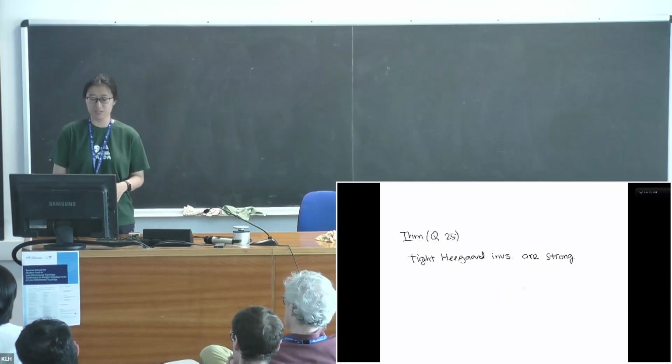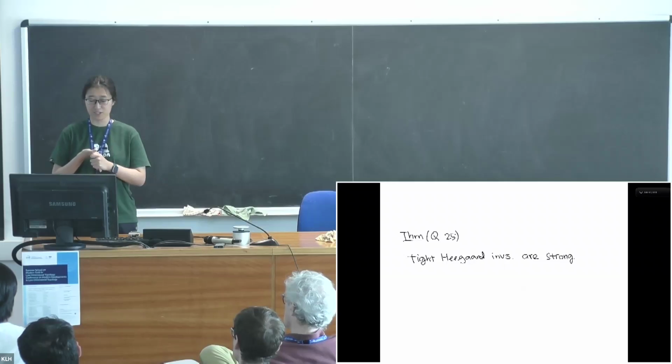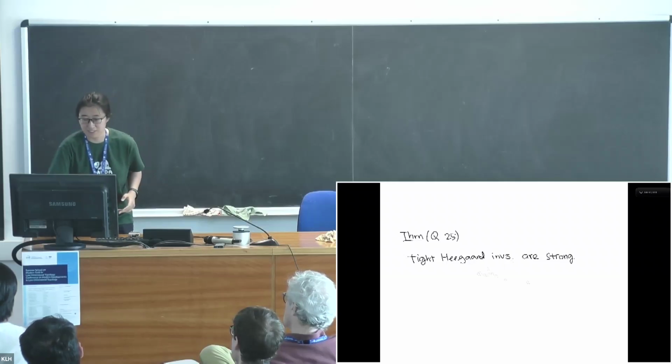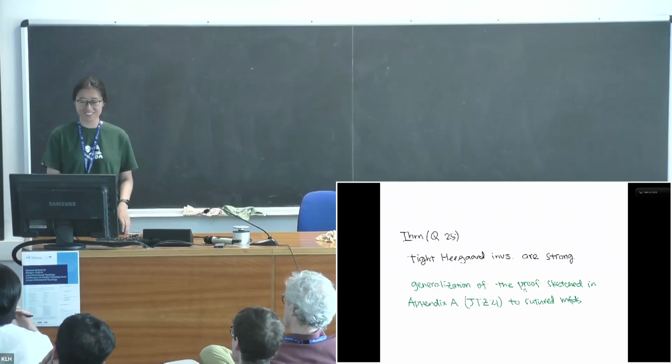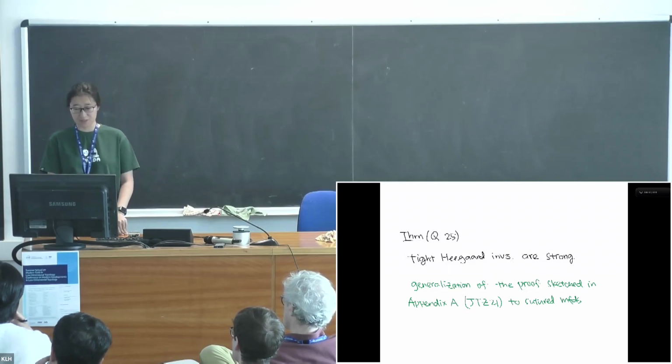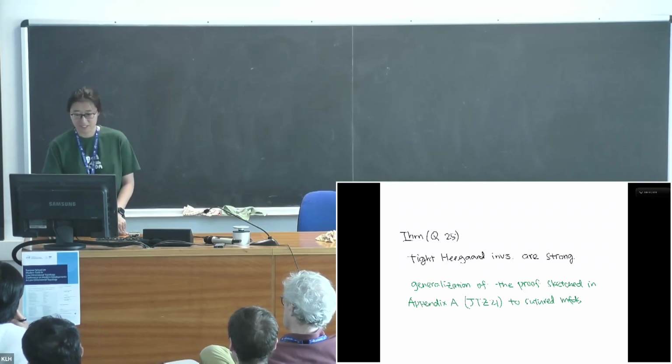So the main result I want to talk about is that tight Heegaard invariants are strong, which now doesn't mean anything because I didn't say what these are. But this is a generalization of the proof sketch in the appendix of Juhász, Thurston, Zemke. They work on classical Heegaard diagrams with a single base point, and I'm trying to generalize this to suture manifolds with suture diagrams.